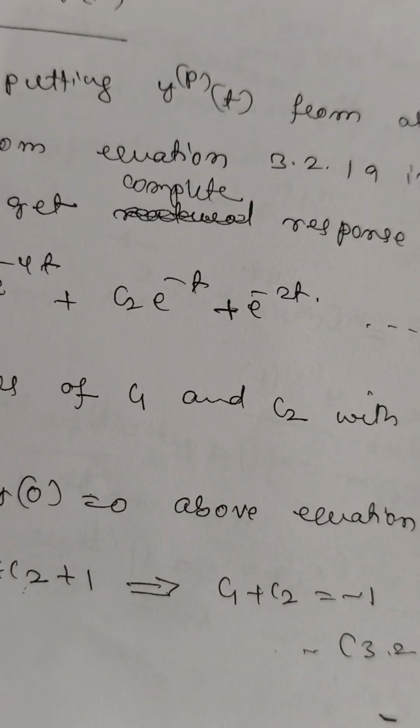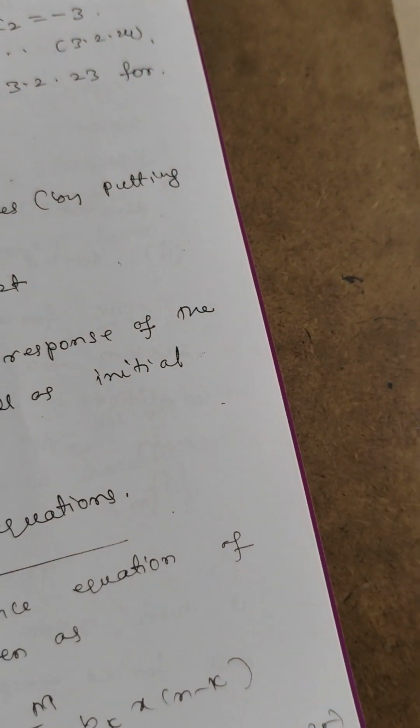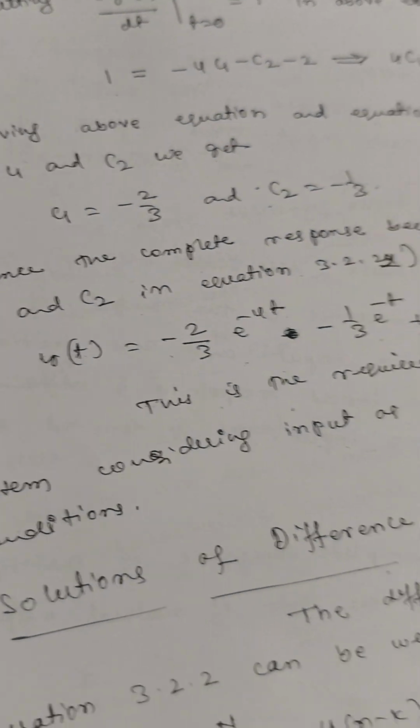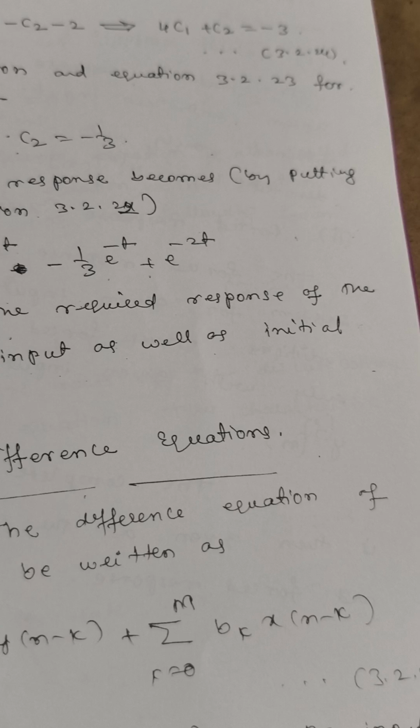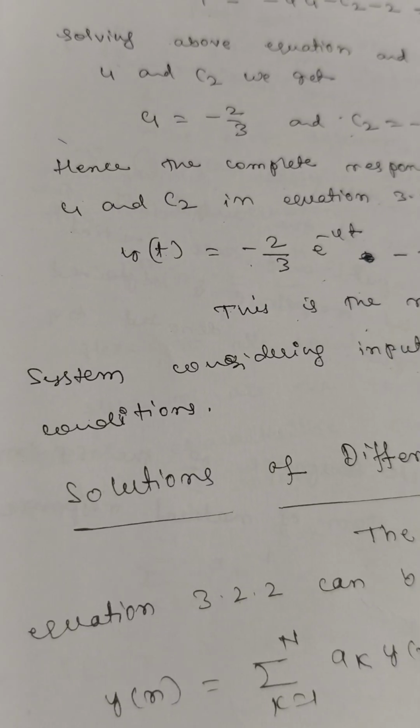When we substitute the c1 value and c2 value, the e raised to minus 2t term remains as it is. Therefore, this is the complete response. This is the required response for the system considering input as well as initial conditions.